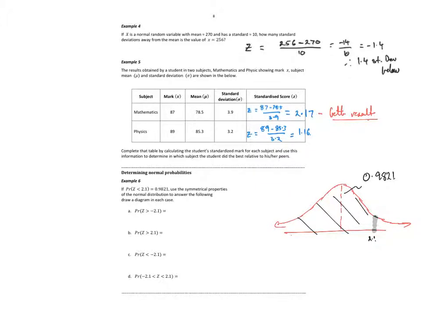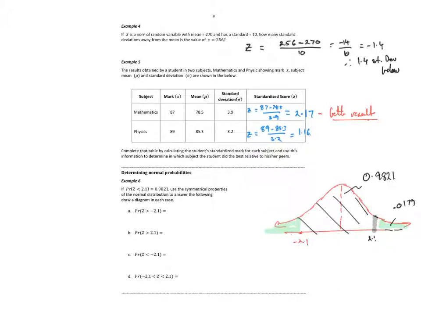So that means the tail at the other end is 0.0179 in that section there. So the probability that Z is greater than negative 2.1: where's negative 2.1? Negative 2.1 is there, which means the section there is the same as the section there.